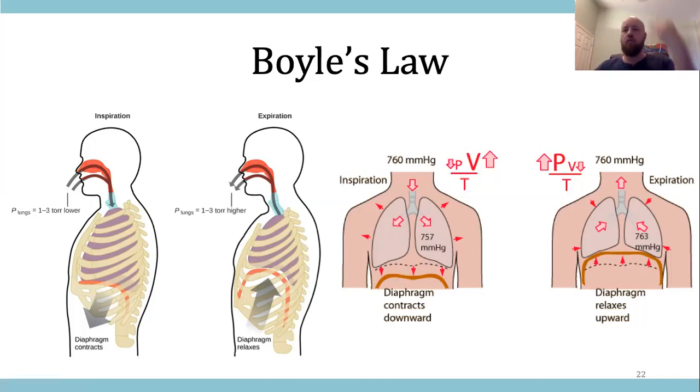This causes a pressure drop, which helps the gas diffuse into the bloodstream, versus when the diaphragm relaxes, the volume is going down, increasing the pressure, which forces things out of the blood and into the lungs so that we can exhale. This relationship, how our lungs operate, is called Boyle's Law.